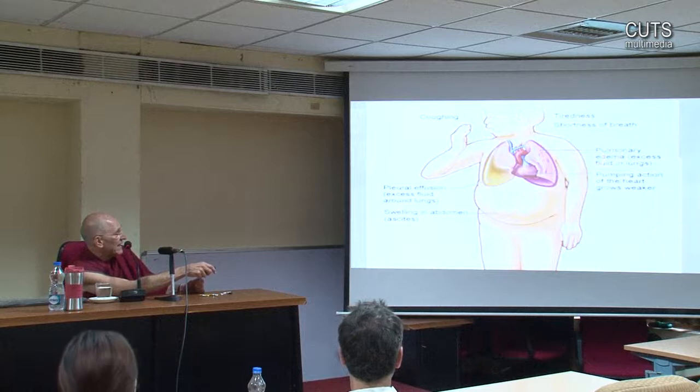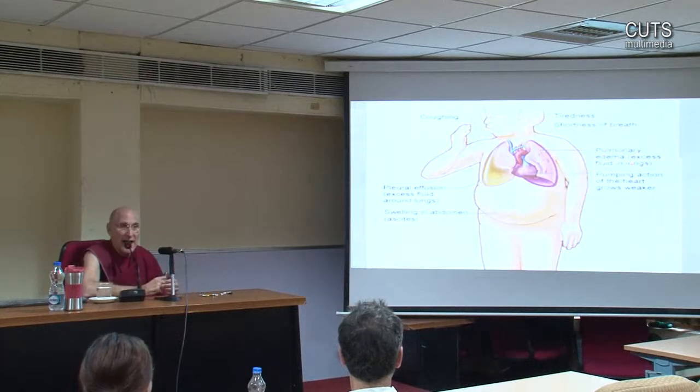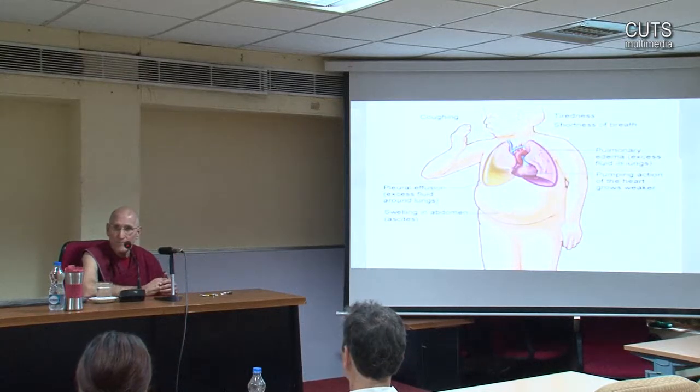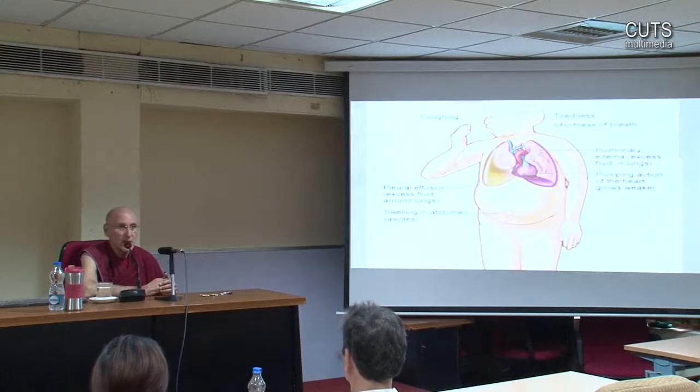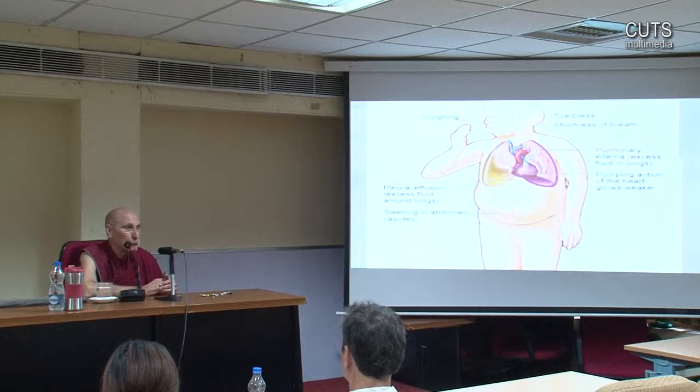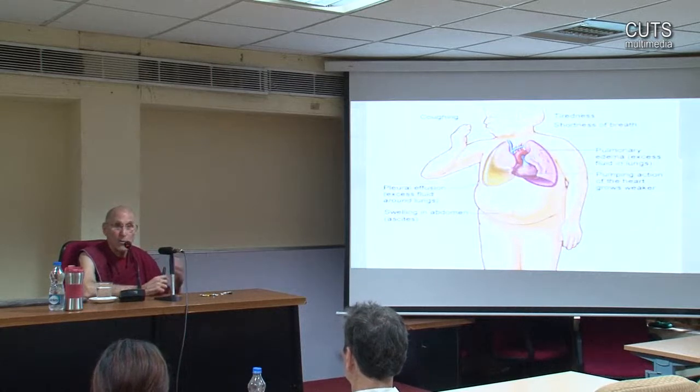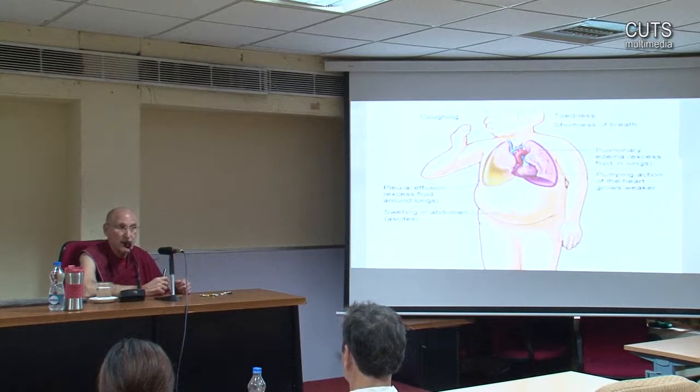Pulmonary edema, excess fluid in the lungs. How do we find that? How do we determine that? Put a stethoscope on their chest and listen to them breathe. That's one way. We could hear rales, which means fluid. How else?